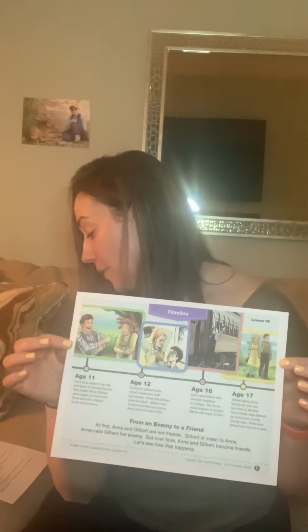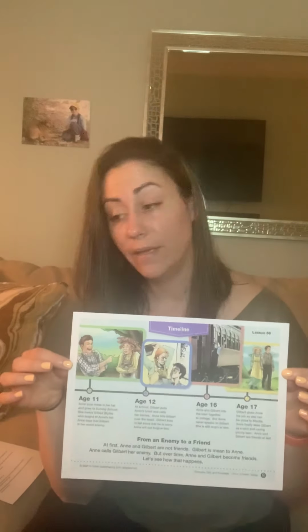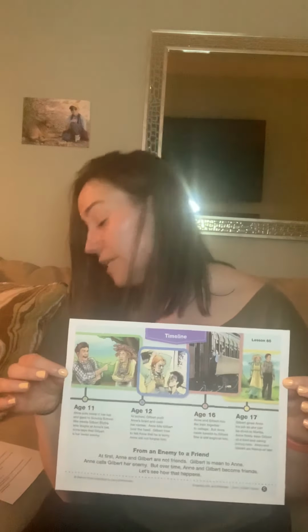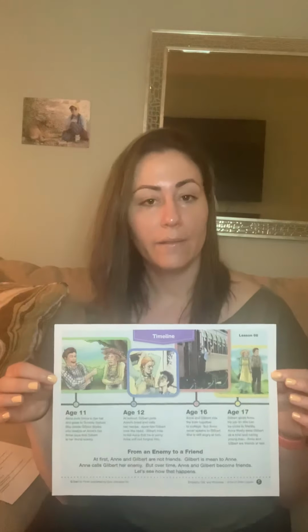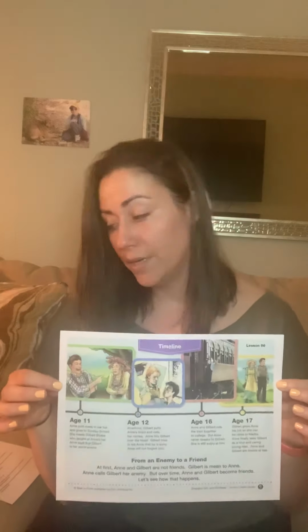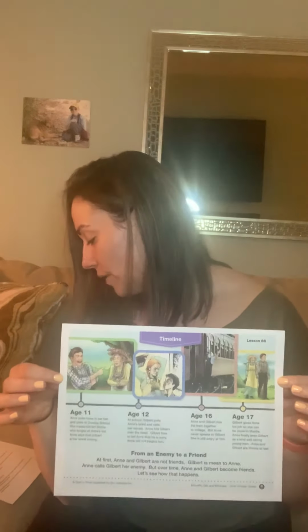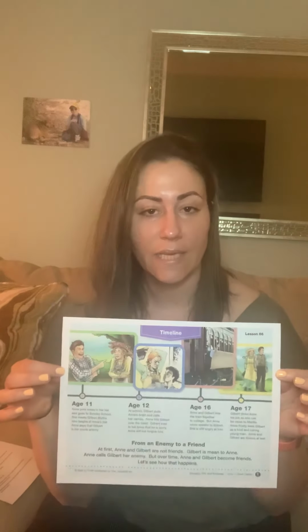In our story, Anne of Green Gables, Anne and Gilbert have known each other for many years. At first, they were enemies, and then later on, they actually become friends. So let's read a timeline article to find out how exactly this happened. How did they go from enemies to friends, okay?